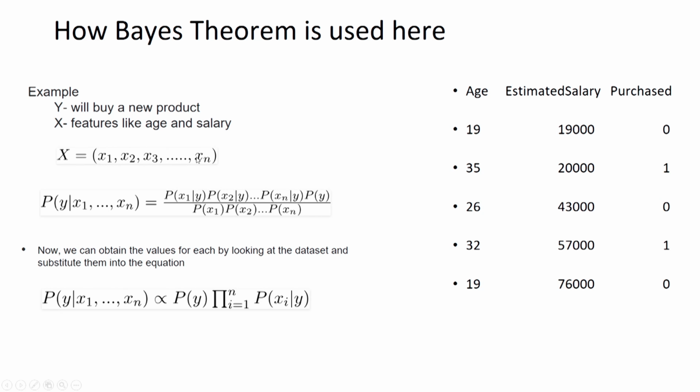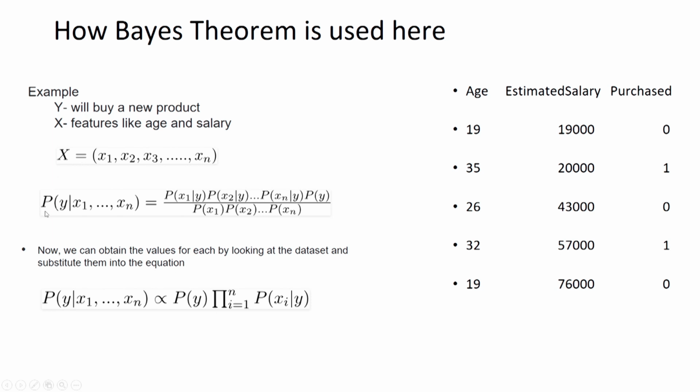Here x1, x2, x3 up to xn are values of independent variables. In this case we have only 2 independent variables, but in general in your data set there may be n independent variables. So, in general it is written as x1, x2, x3 and so on.